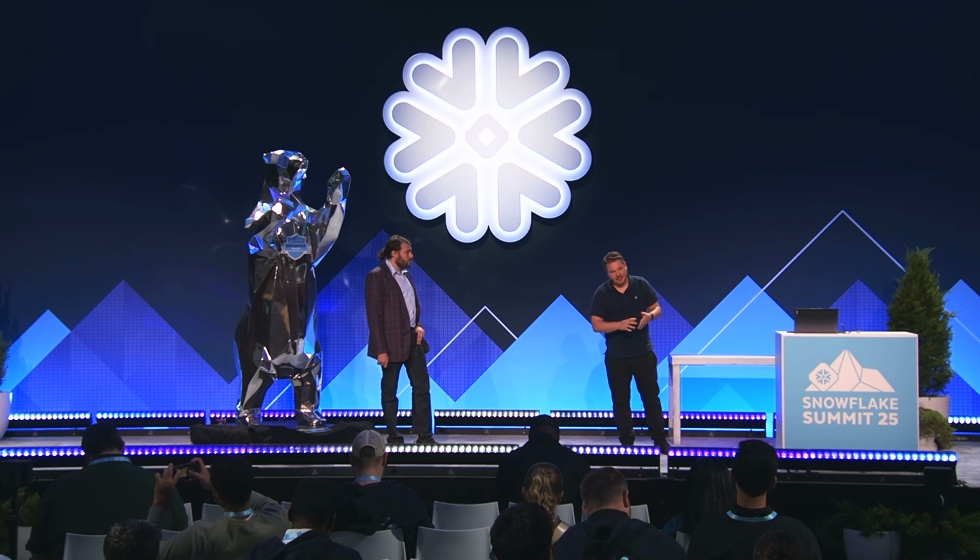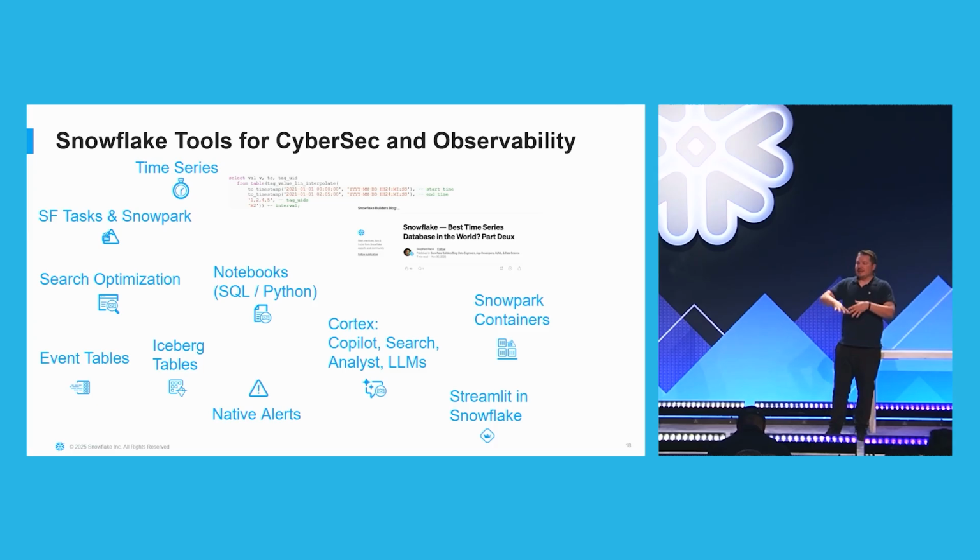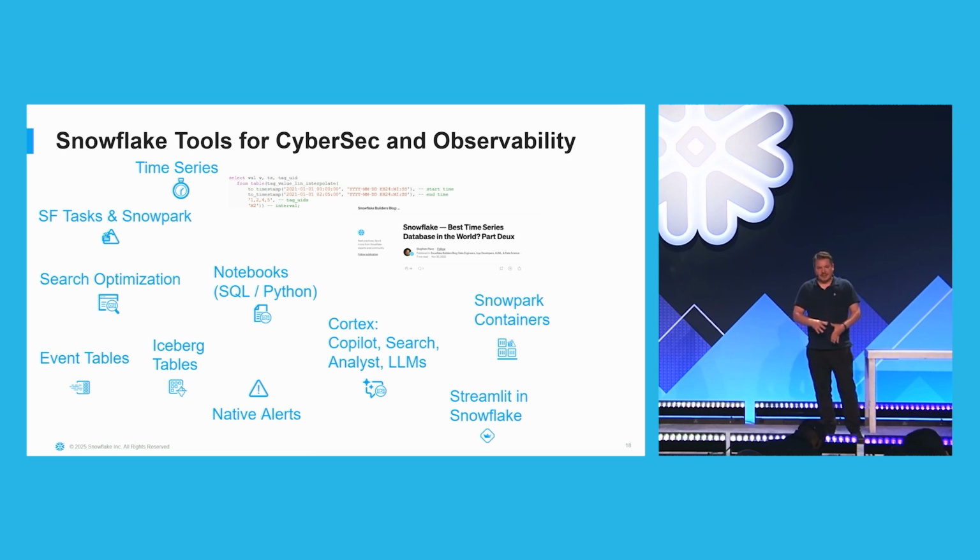And also you can send out emails if you want. But anyway, you see where this is going, right? Everything is sitting on the same platform. You can do orchestration. You can also run any other bespoke code and containers. And time series is a key thing, but Snowflake is probably the best database for time series anyway.